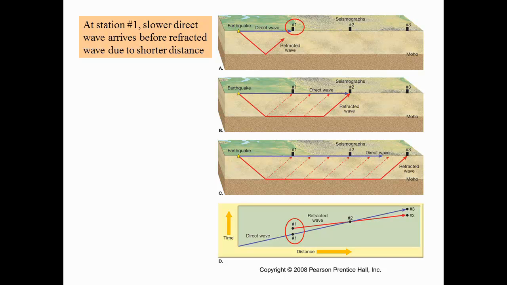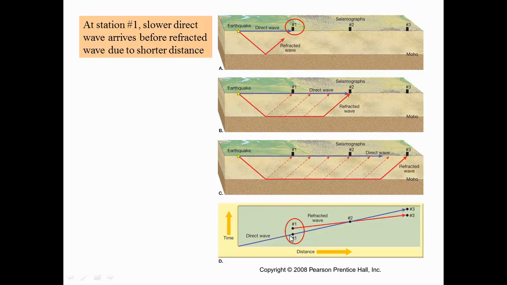So let's begin by looking at Seismograph Station 1. Now at Station 1, the direct wave, which travels slower, will still arrive before the refracted wave, which travels faster, simply because of the shorter path of the direct wave.